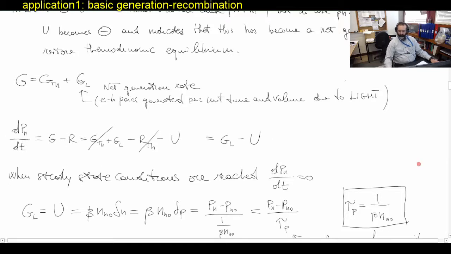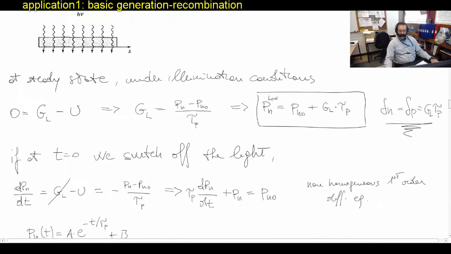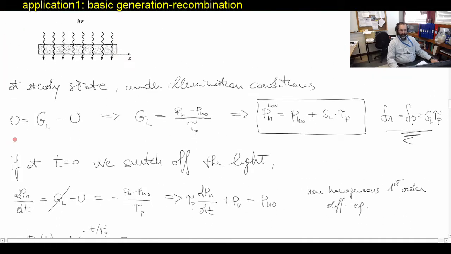So this means that we have at steady state in this example 0 equal this, and because U is equal to this quantity here, and we know GL, we can easily realize that when the light is on, Pn is equal to this.